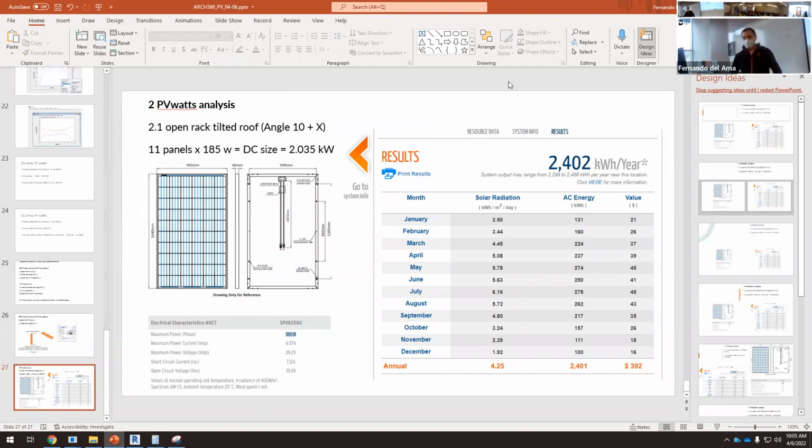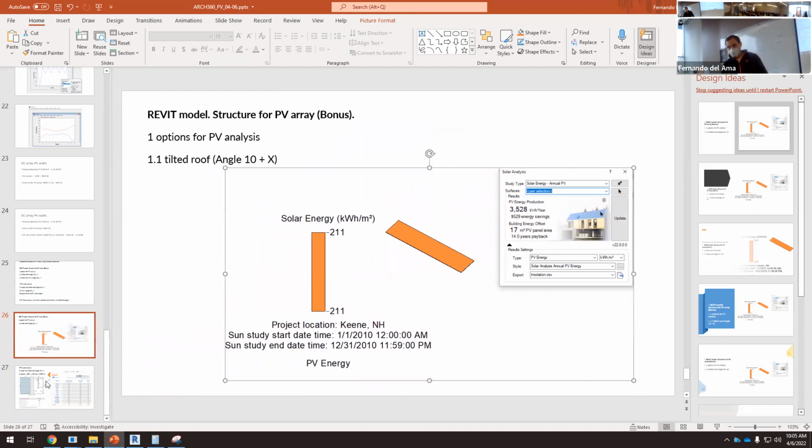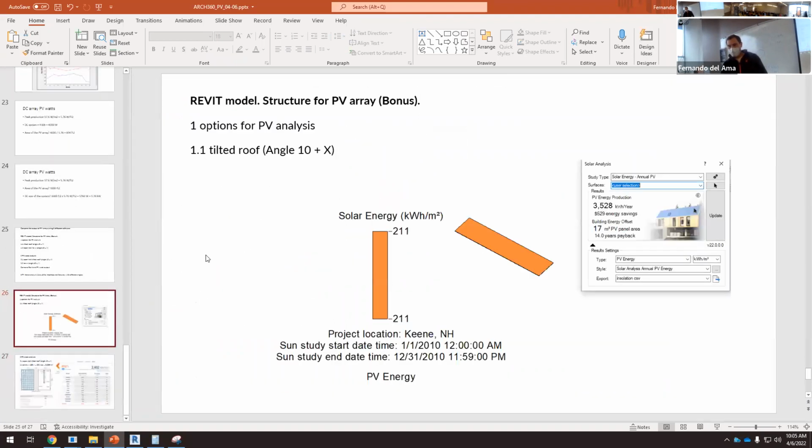Okay, so this is the Revit output. Well, in Revit, we have the information here. It's 17 square meters, and this is the yearly production. We have the production in kilowatt per square meter.